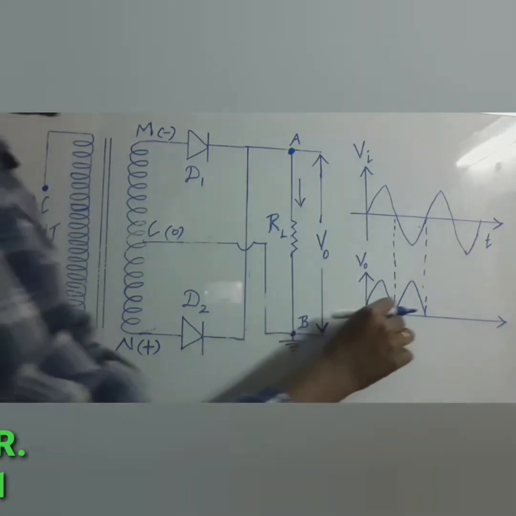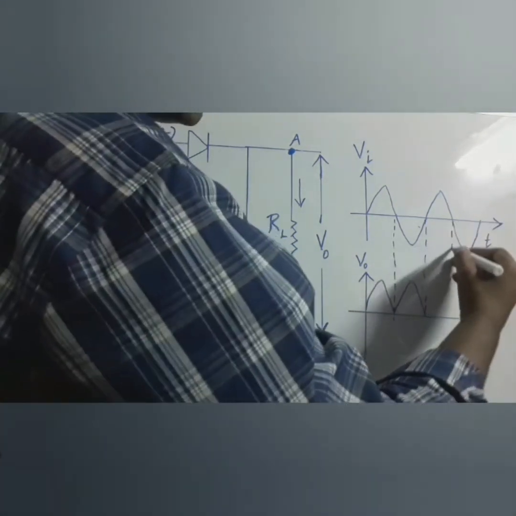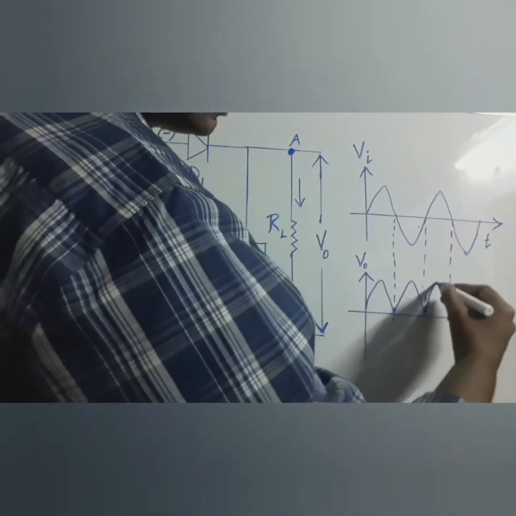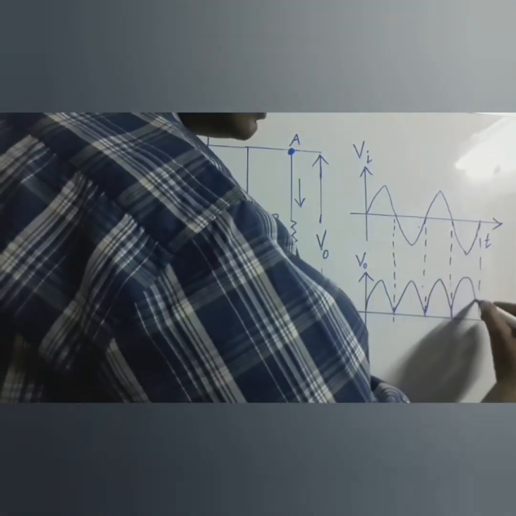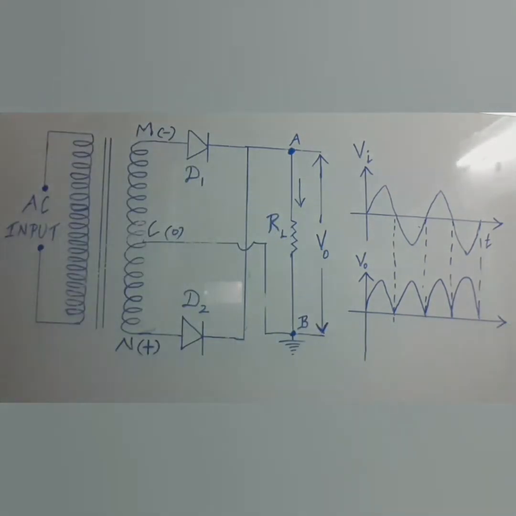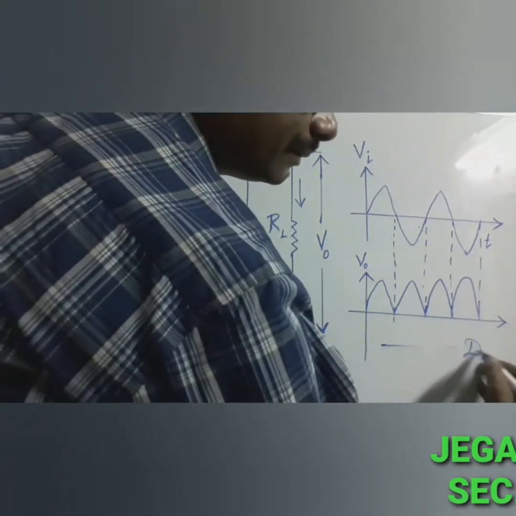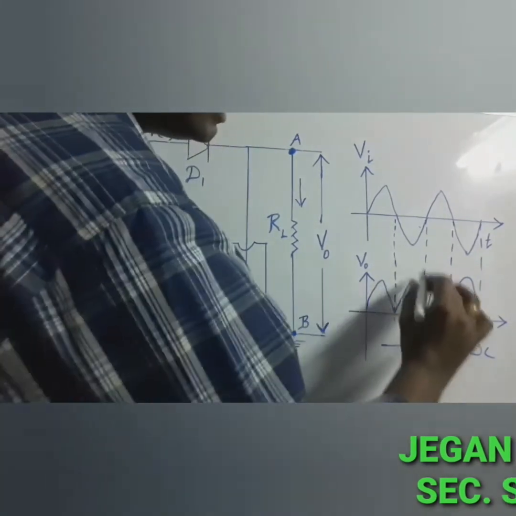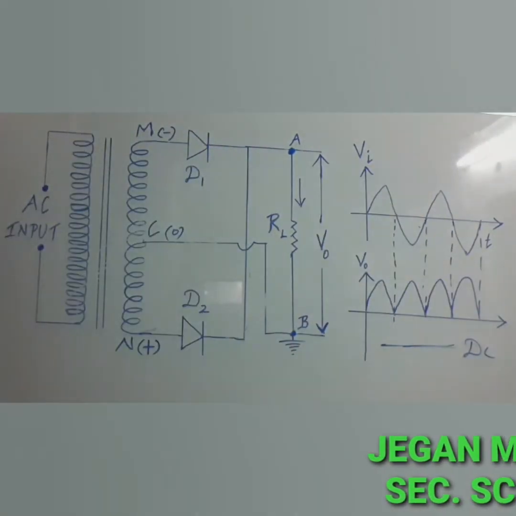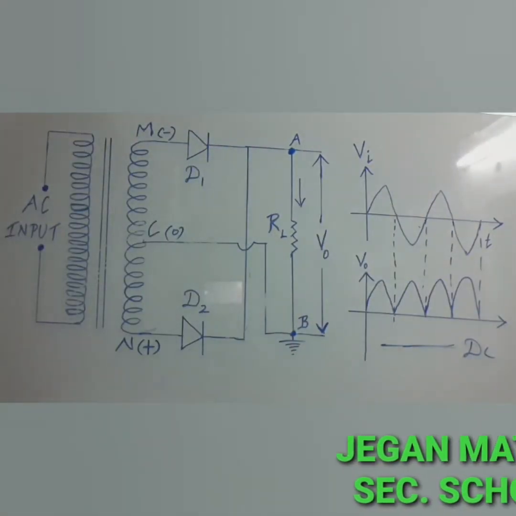It's not pure DC. For the next positive half cycle also there will be output voltage, and for the negative half cycle also there is an output voltage. It is not pure DC. So a pulsating signal is produced even in the full wave rectifier.